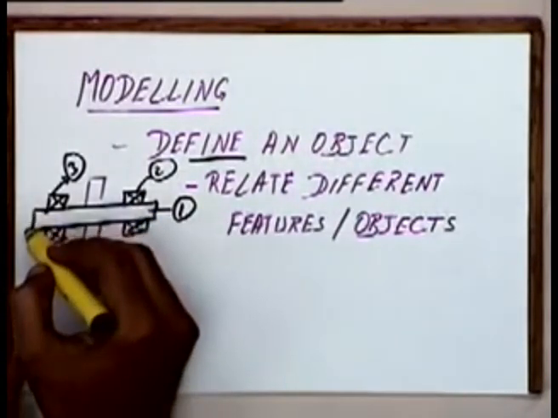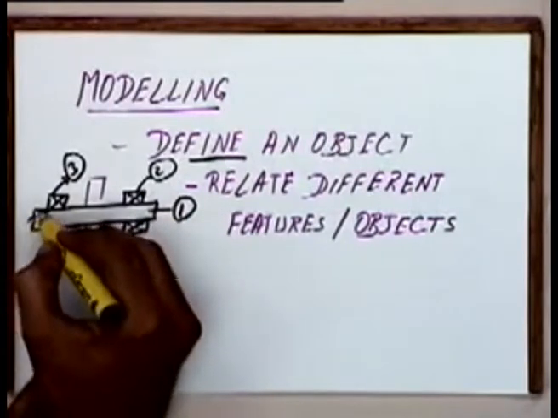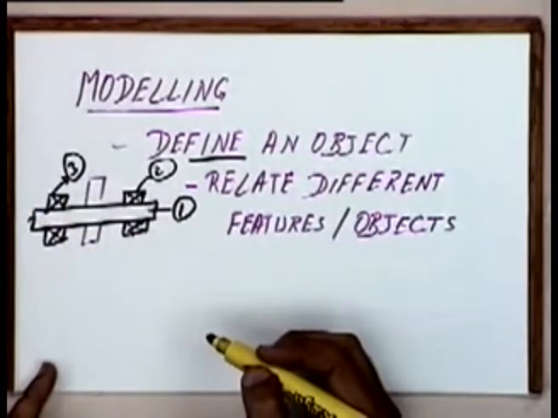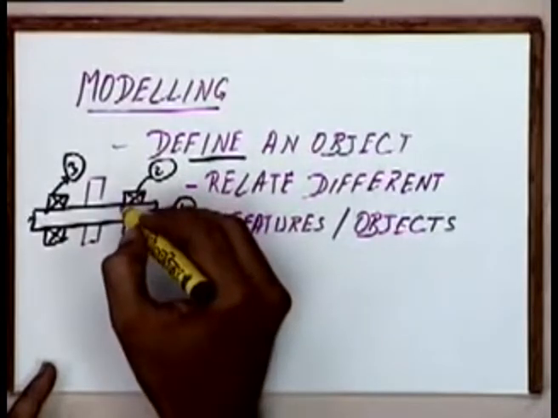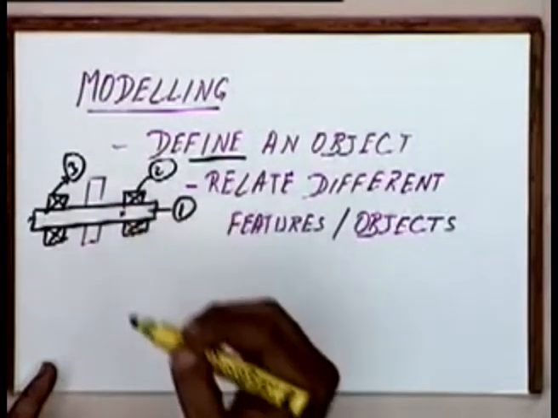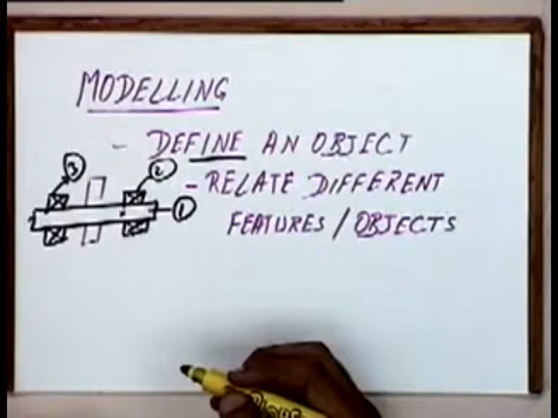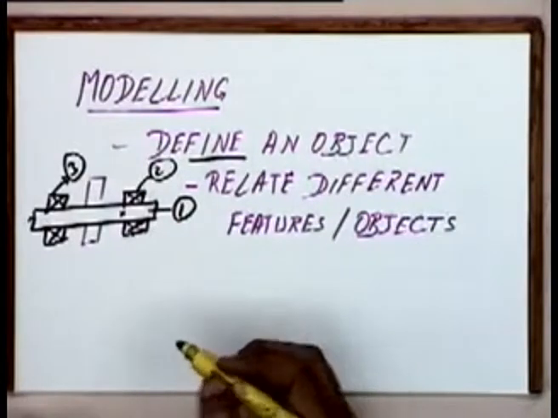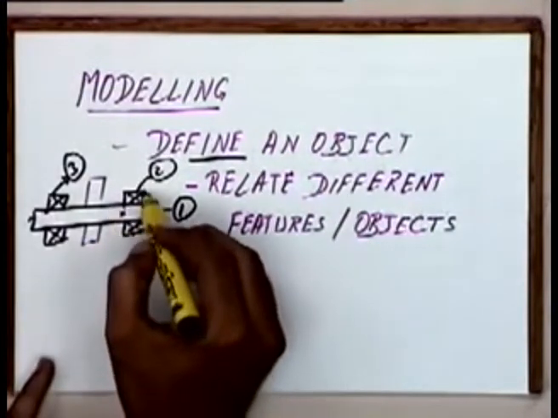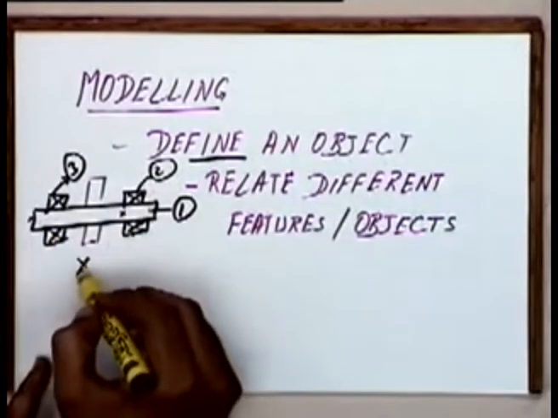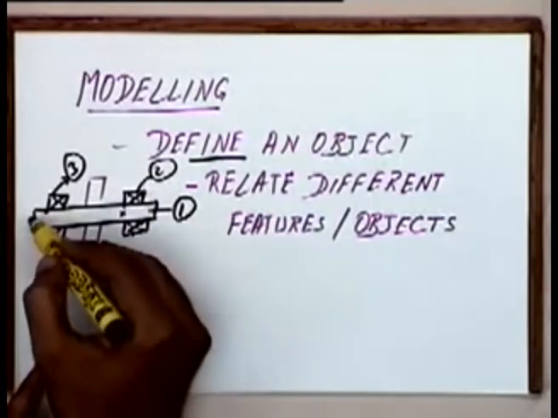So let us say for this object we are defining this as an origin, and for this bearing maybe we are taking this as the origin. We will like to define that this bearing is located at a particular xyz value with respect to this origin.